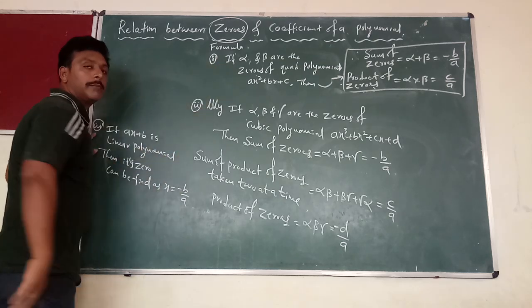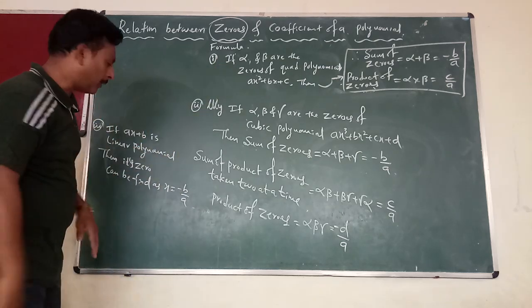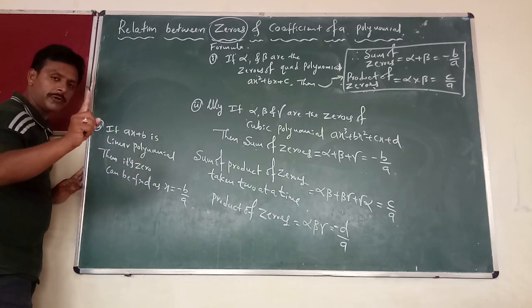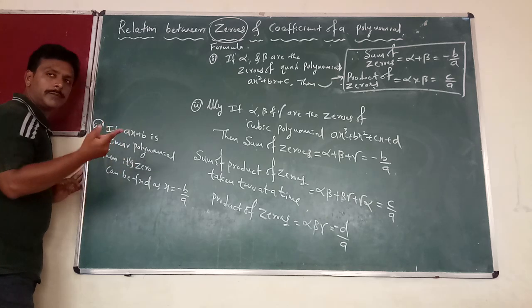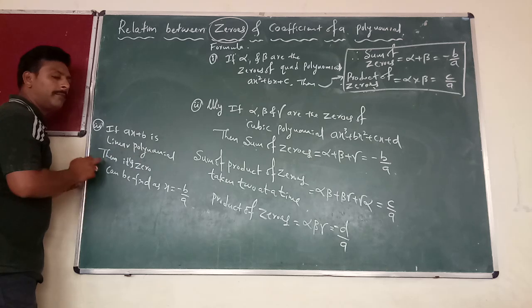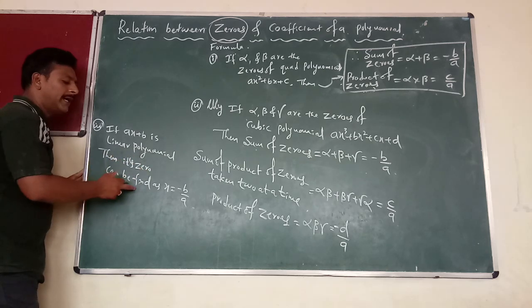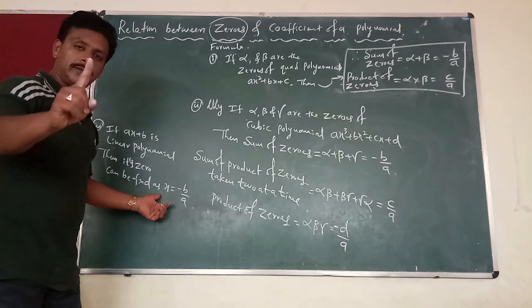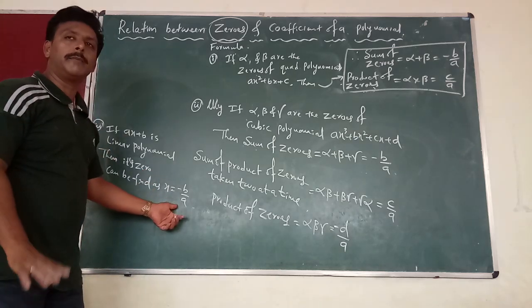This is applicable to quadratic polynomials. Sir, what happens if it is linear? A linear polynomial has only one zero, because the degree of a linear polynomial is 1. Therefore, if ax plus b is a linear polynomial, then its zero can be found as x equal to minus b by a. So there is only one zero, and to find it we take minus b by a.